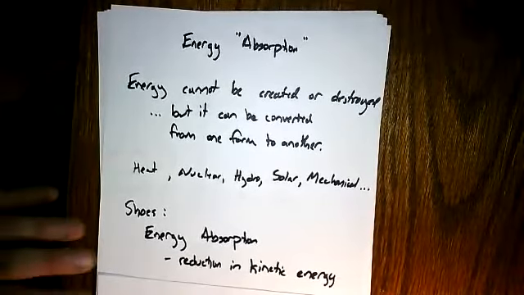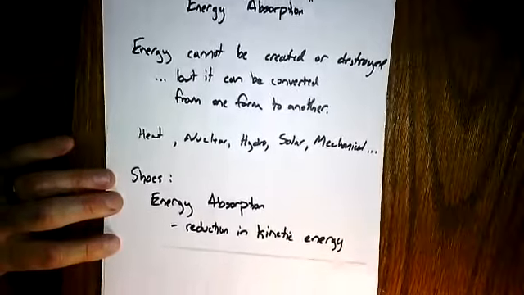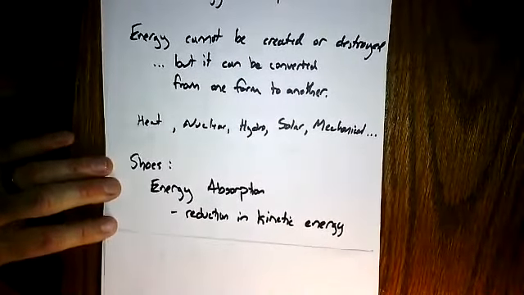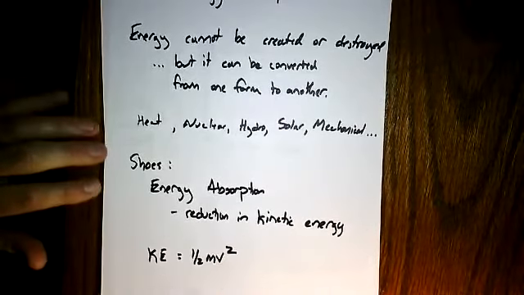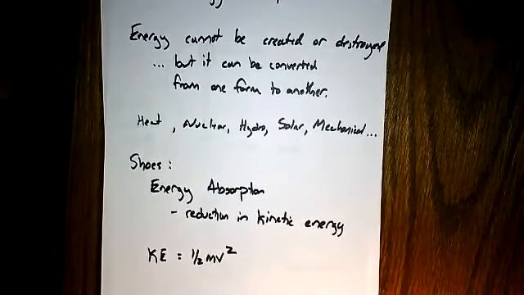The way that I try to explain this term in shoe design is energy absorption really means reduction in kinetic energy. So remember kinetic energy, the equation is 1/2 mv squared. So we need to reduce the amount of kinetic energy when we design a shoe. That is, we're reducing how fast the foot is hitting the ground, to where the foot is stopping from moving vertically.